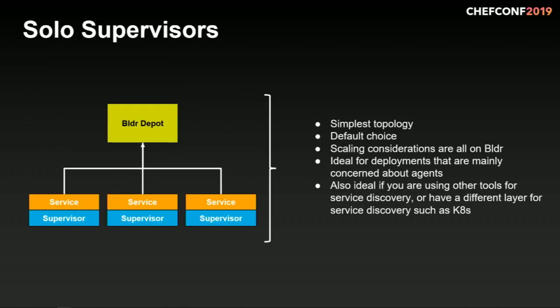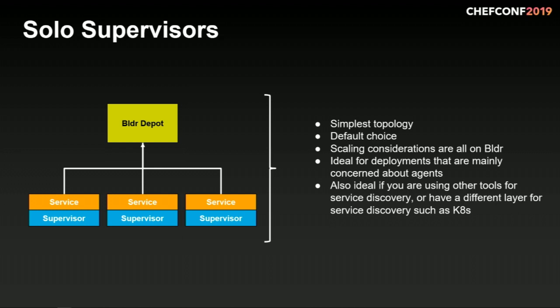So solo supervisors is kind of your simplest topology and deployment. Should be your default choice when you can. This is when you don't need any of the ring features, but all the scaling considerations here are on the builder service. So it's ideal for deployments that are mainly things like agents or individual web servers or things like that, where you don't need communication within the ring to talk to other instances.